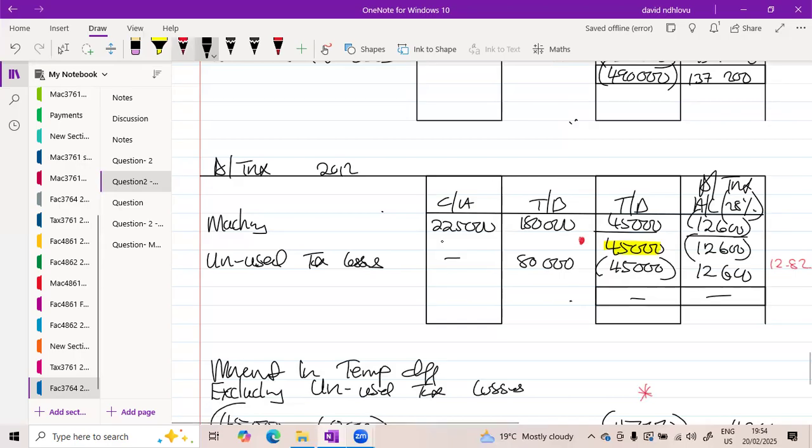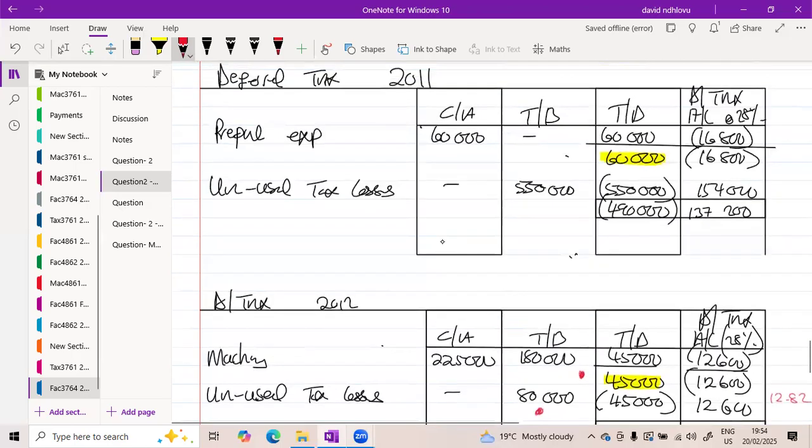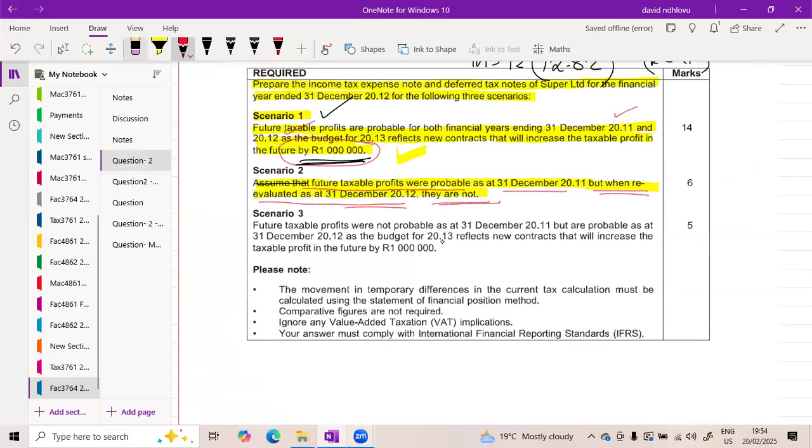What you must do, I want you to have a clear understanding of what to do with this amount. Okay. So, right, what you do, you go to the question and check what do they say about 2011. At the end of 2011, your projections for profit, were they telling you that you will be able to raise enough profits to cover that in the future? Right, this is what they say concerning 2011.